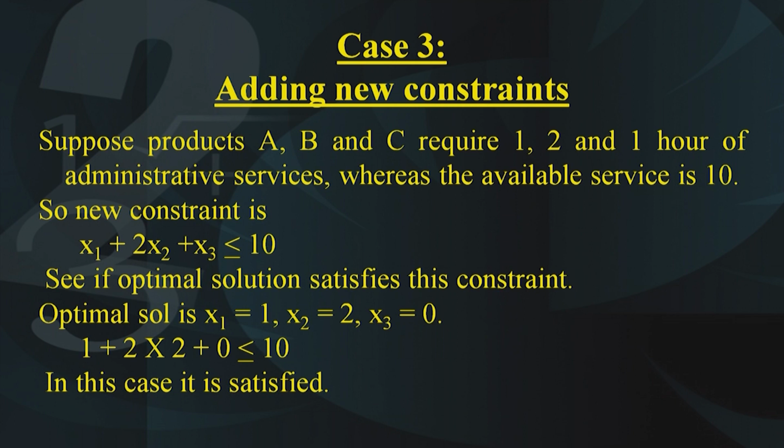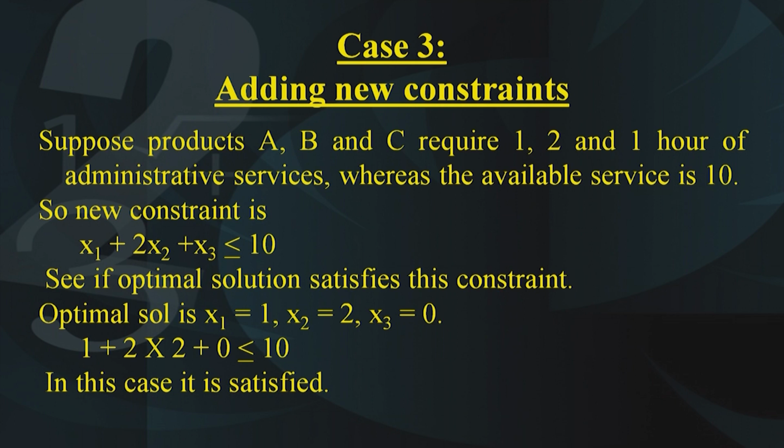One was corresponding to the labor and the other was corresponding to the material. Now, we have a third constraint which is corresponding to the administrative services. So, when we introduce this third constraint, the available administrative service is 10.